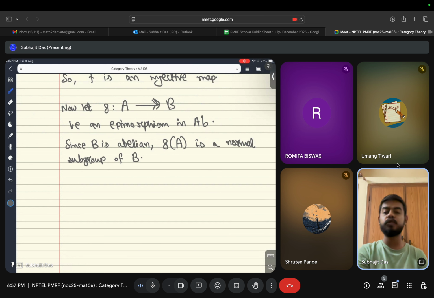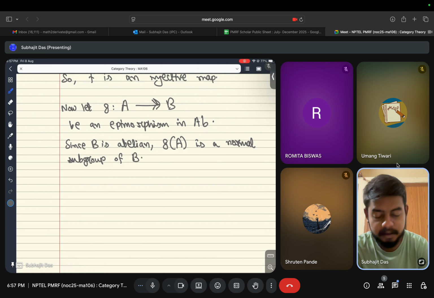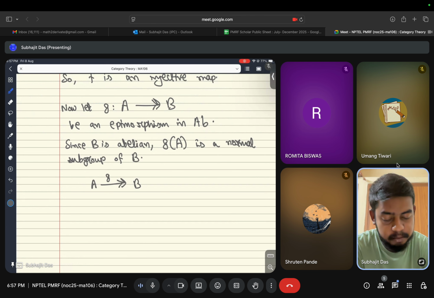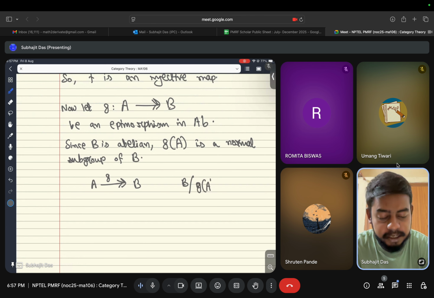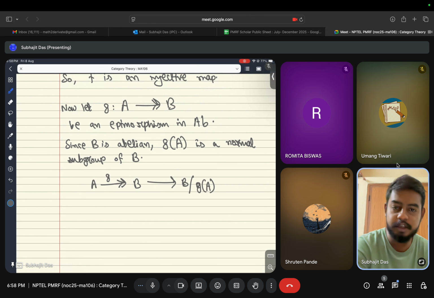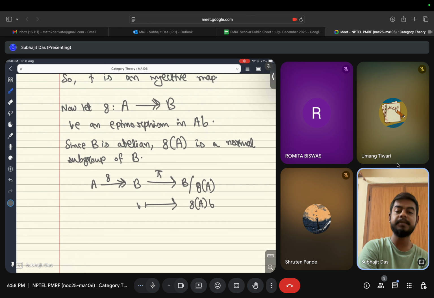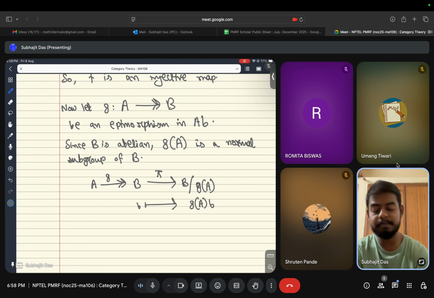We can take the quotient group B over GA. So we have A, we have B, we have this G from A to B, and we take this quotient group B over GA. There is a canonical map, a natural map pi, which is the projection map, sending every element little b to its coset in the quotient group.